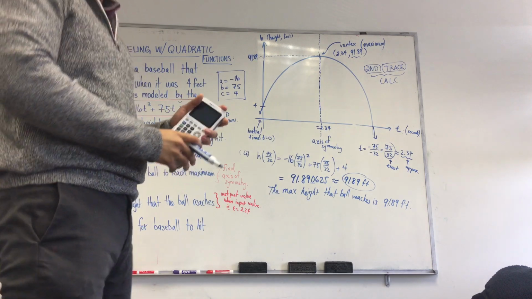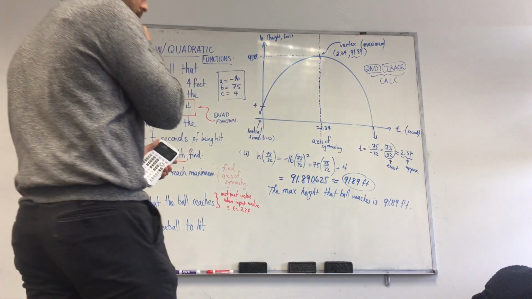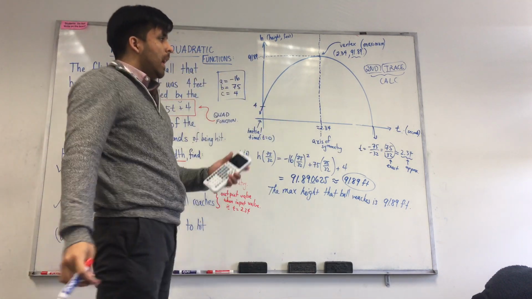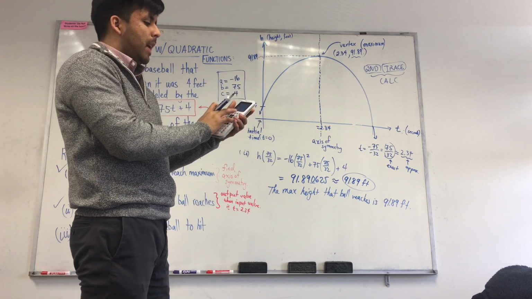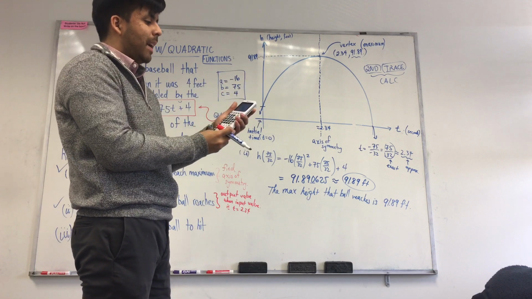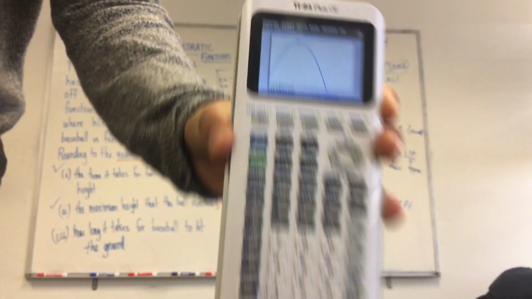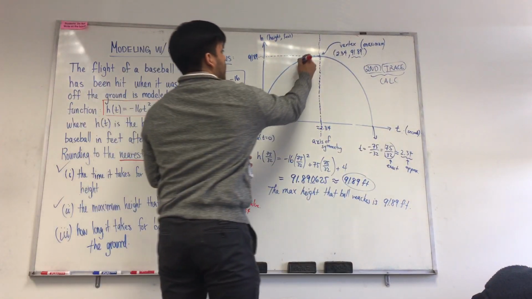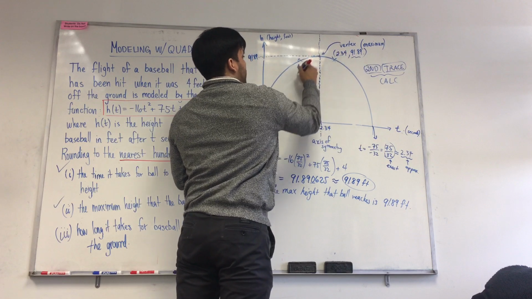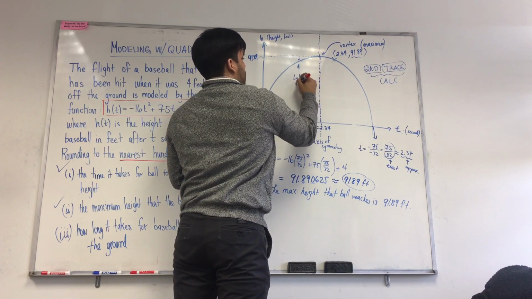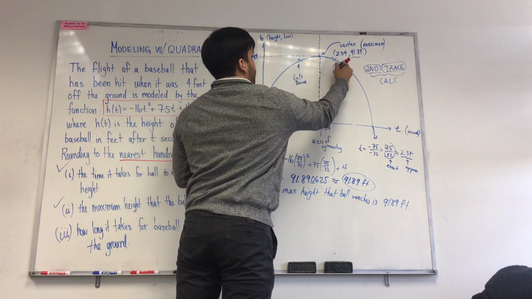If you have another graphing calculator, I'm pretty sure they have other kinds of functions. You can use calculate, and you would be able to use the maximum function, right? So we have a maximum function, and it asks us for the left bound and the right bound.